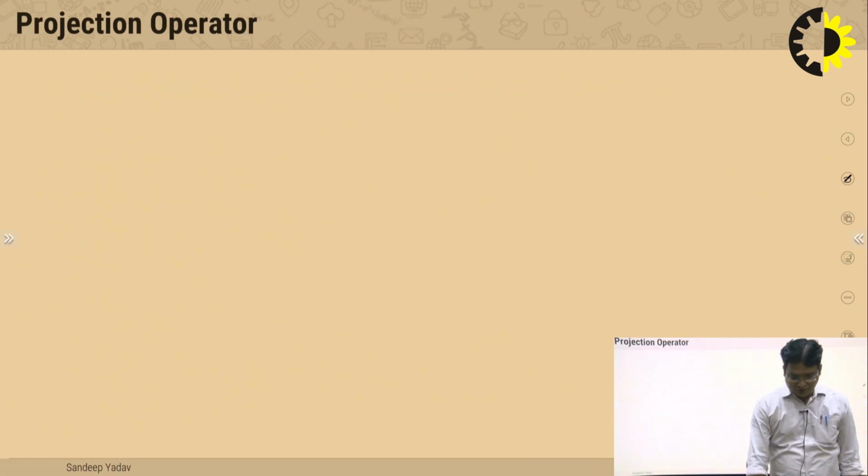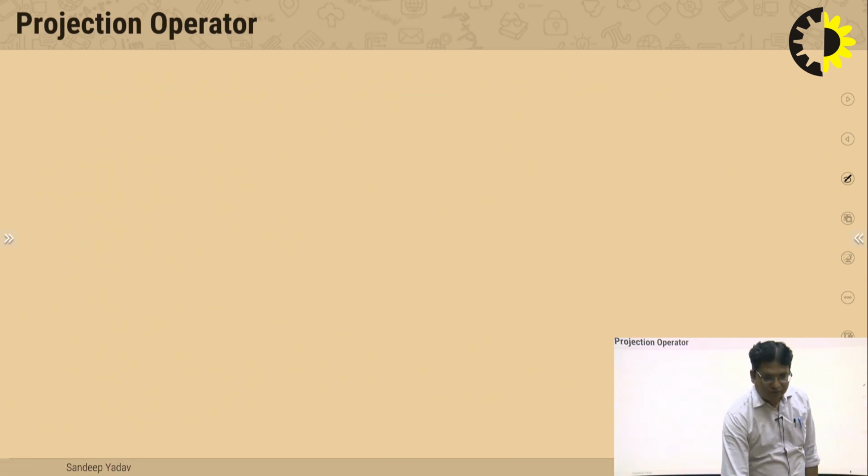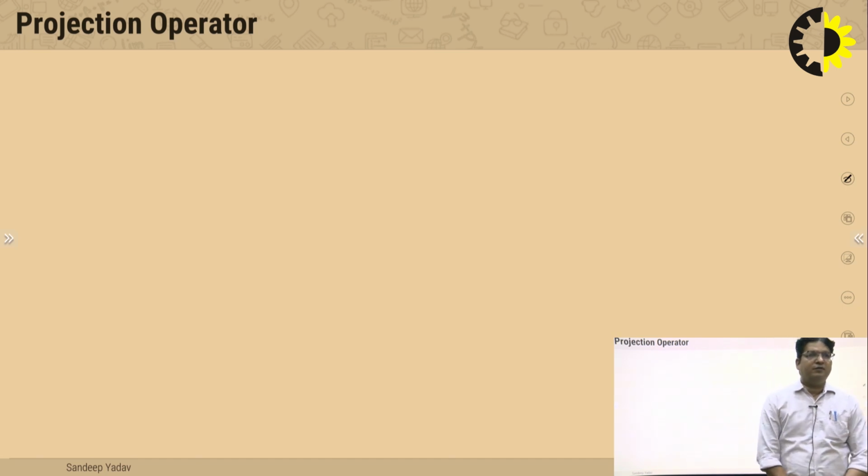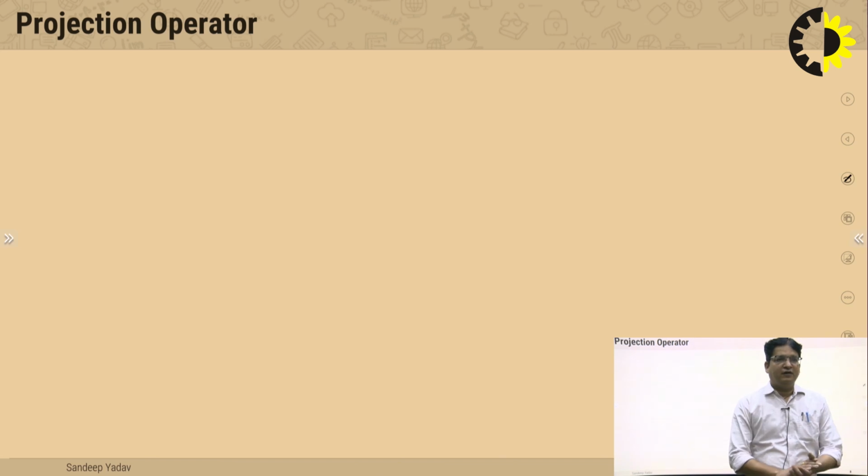Next is the project operation. Now suppose we want to find out only the names of the students. We do not require all the details, that is, we want to show certain attributes only. We do not want to show all the attributes. If we want to display certain attributes, then the select operation is not at all valid at that moment of time.